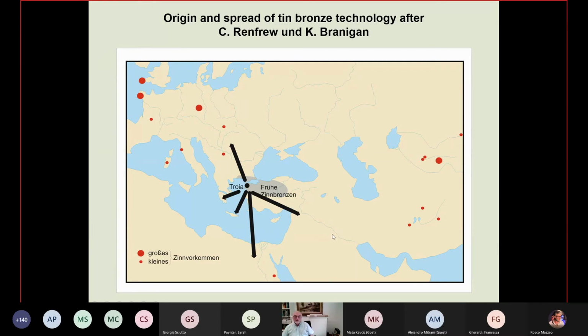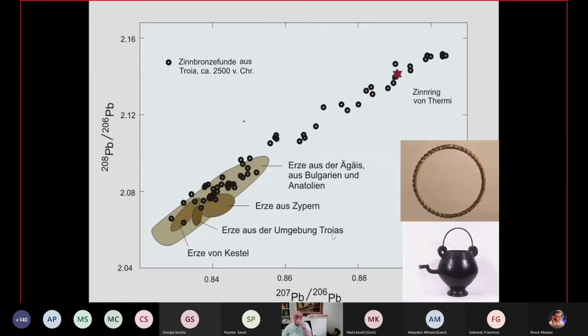Therefore, it was our aim to test the hypothesis that the origin of the tin bronze technology is to be sought in the Troad, in the area around Troy. And here we found the following. The background data had increased very much already.